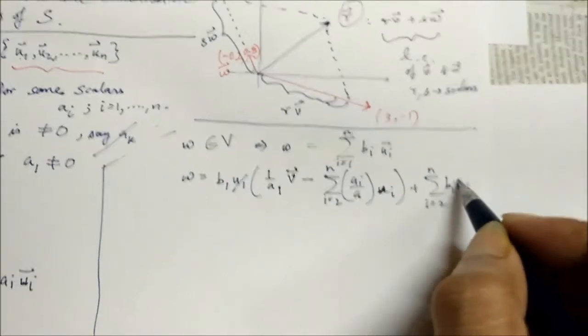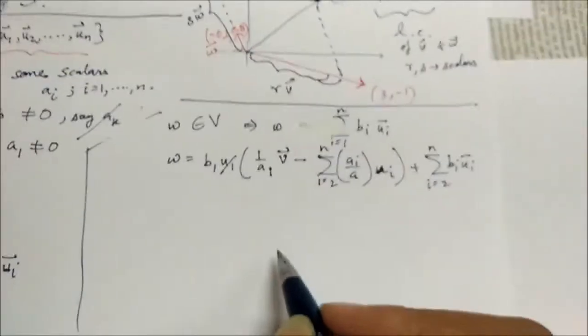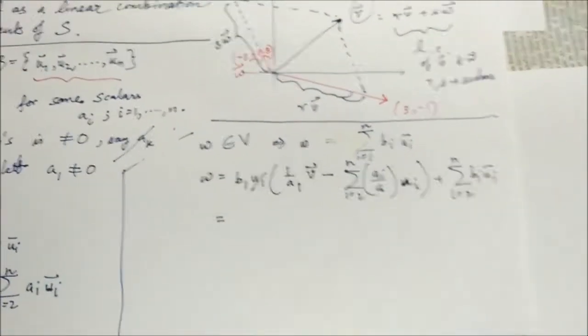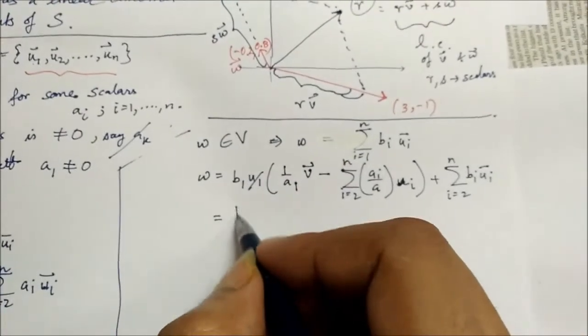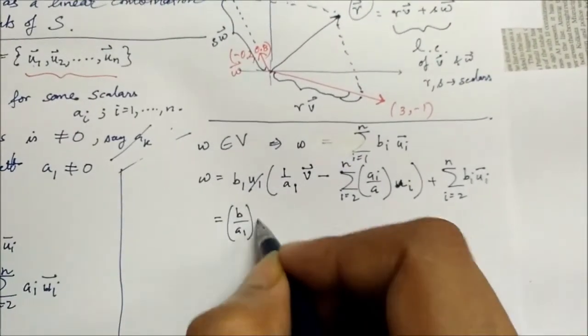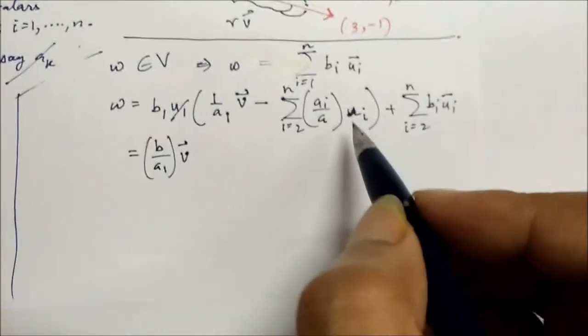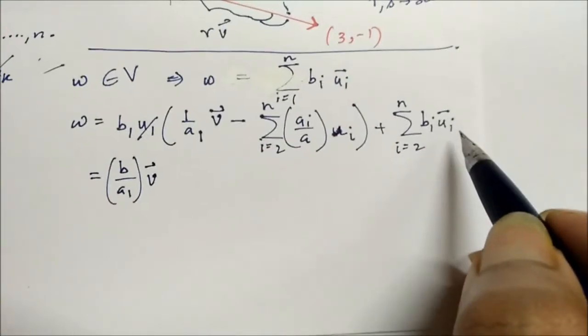So summation bi ui. All right, now it looks clumsy. We can simplify it in a moment. We'll see how it looks. So let's keep this aside, the v vector. Now the other vectors start from u2 to un, and the same goes in these, right?